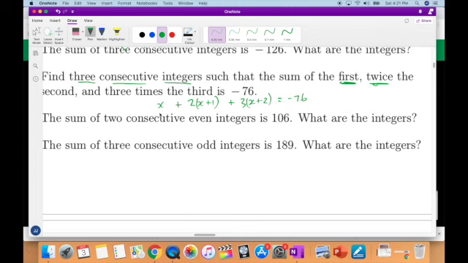Alright, so we have the 3 consecutive integers x, x plus 1, and x plus 2. They say we take twice the second one and thrice the third one, and that is equal to negative 76. Very good job figuring that out, Caitlin.